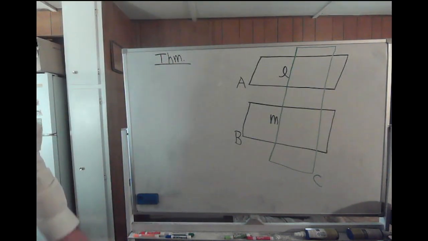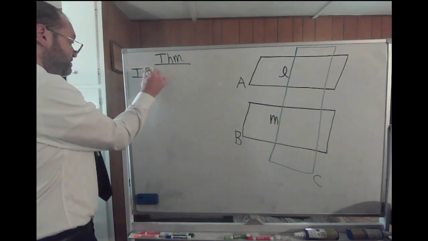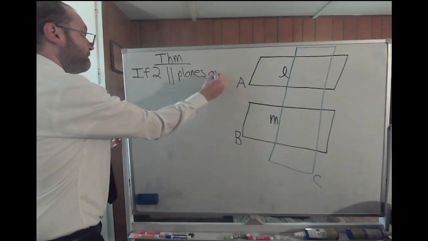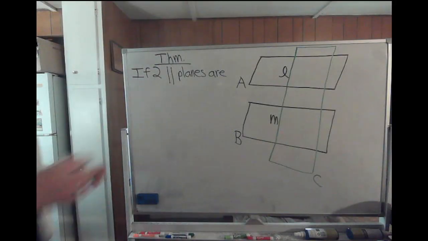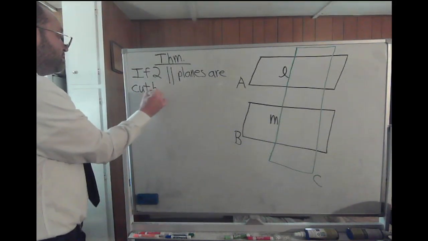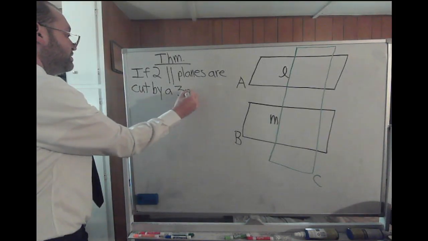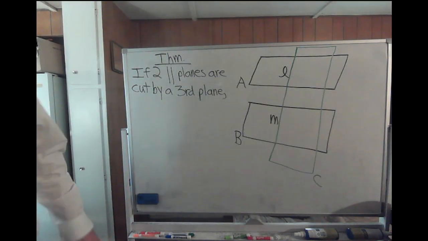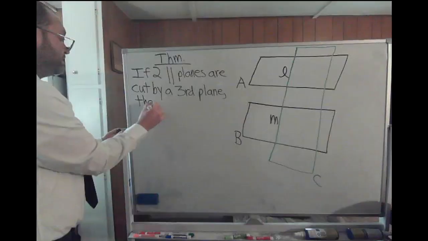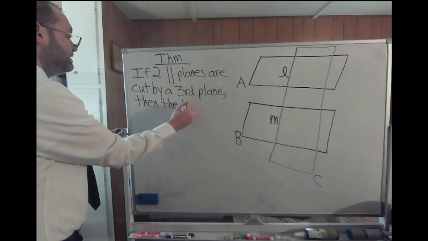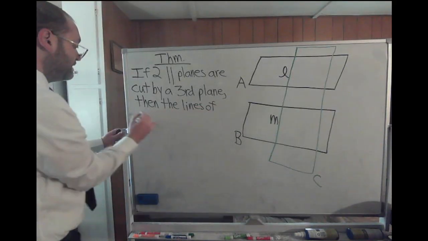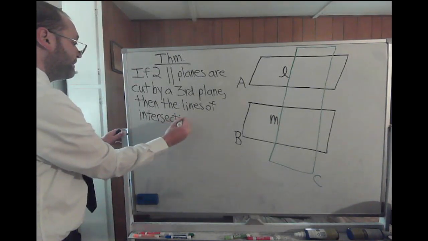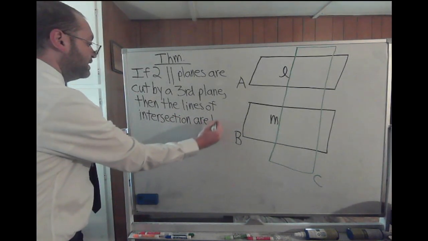This theorem states that if two parallel planes are cut by a third plane, then the lines of intersection are parallel.